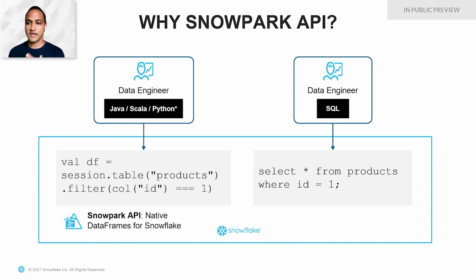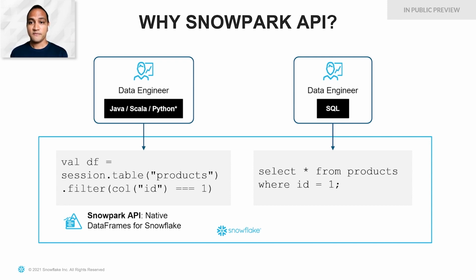The Snowpark API is built for running your code inside of Snowflake. The core abstraction of Snowpark is a DataFrame library. And all the data engineers who love to code with a DataFrame library will find how much easier it is to use this library, how much easier it is to join the data, how much easier it is to merge data without actually writing SQL code or advanced SQL.